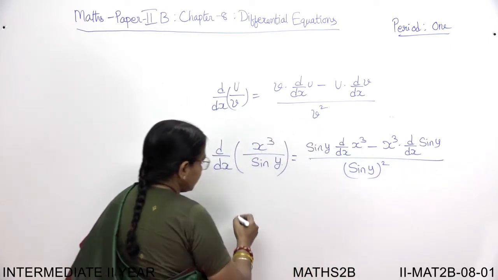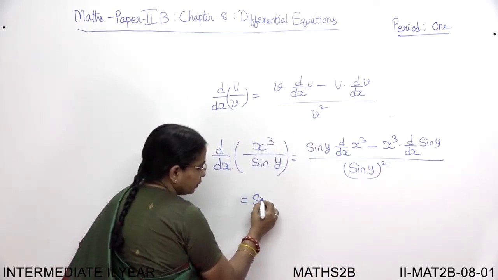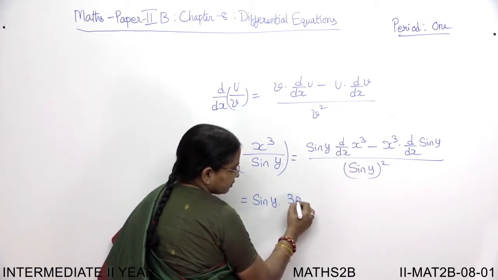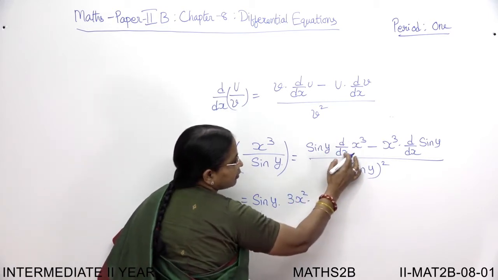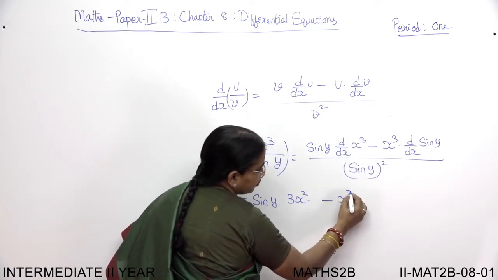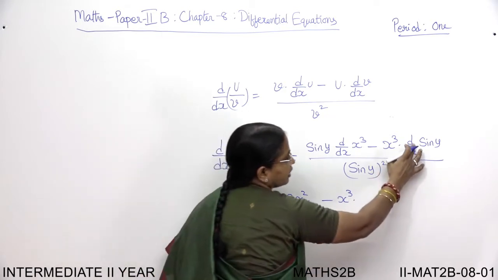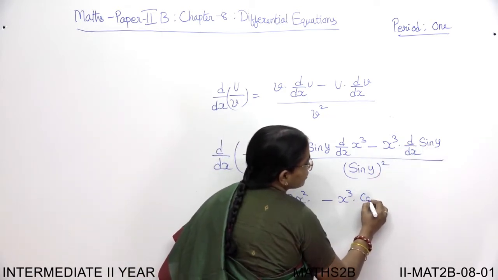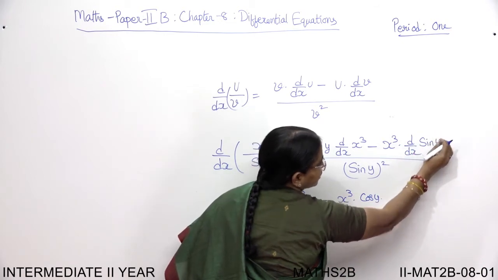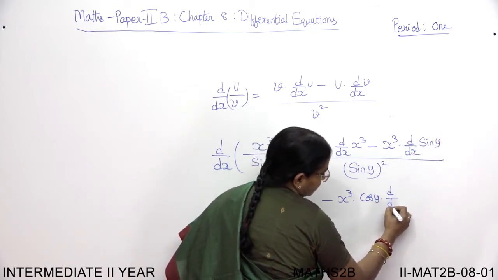So the derivative of x cube is 3x square into d by dx of x, that is 1, minus x cube into derivative of sine y. Derivative of sine y is cos y into d by dx of y, all over sine y whole square.